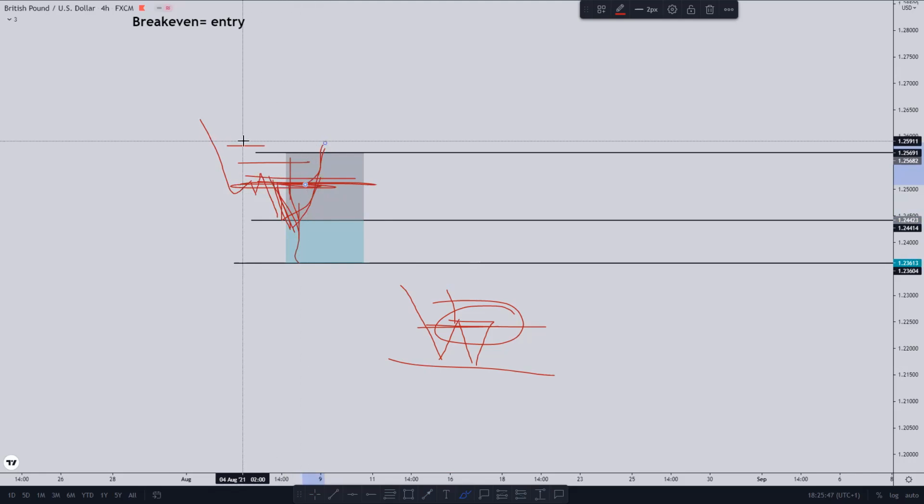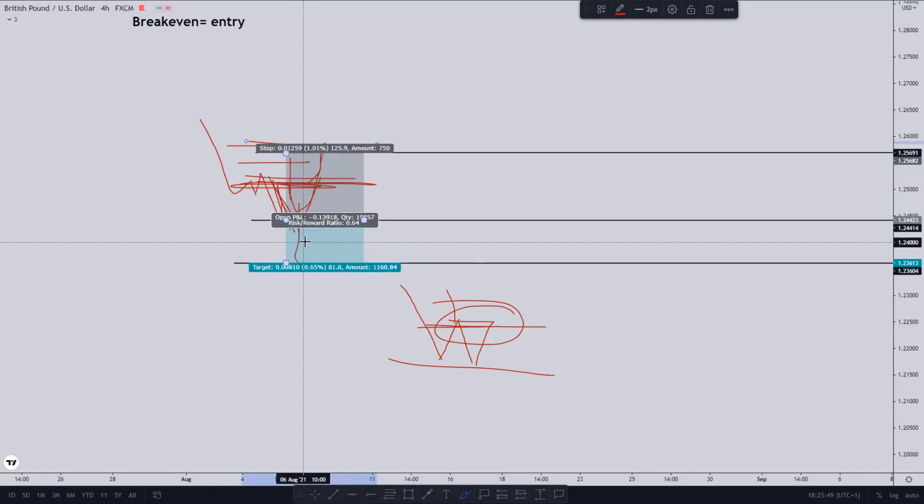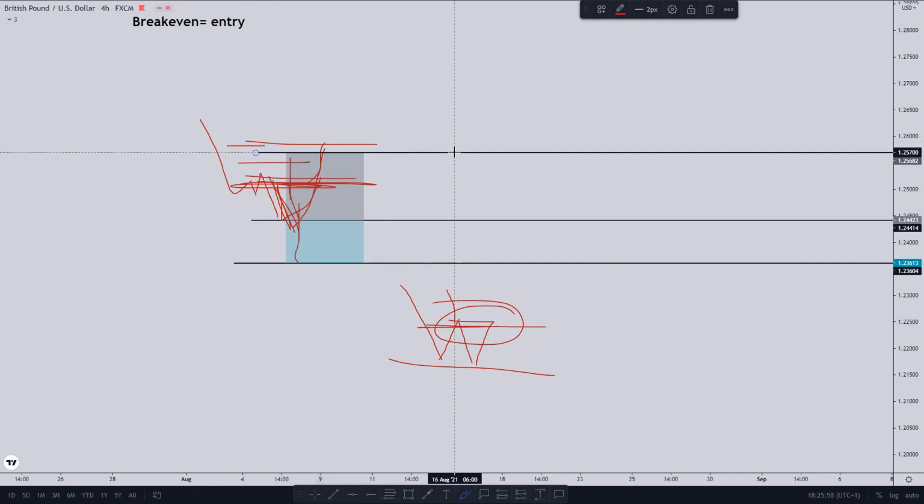So now you end up risking 2% to make what? It's more like to make 1%, not even 1%. It doesn't make sense. So that's why we say, wait for price to move at least 1% away from the entry, and then move your stop loss to break even, right?